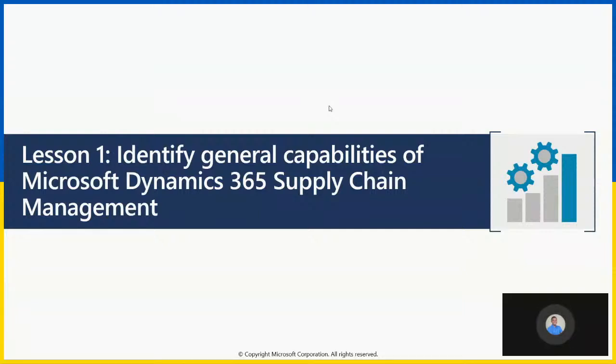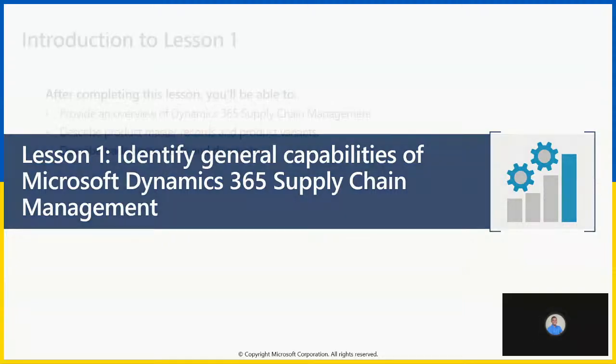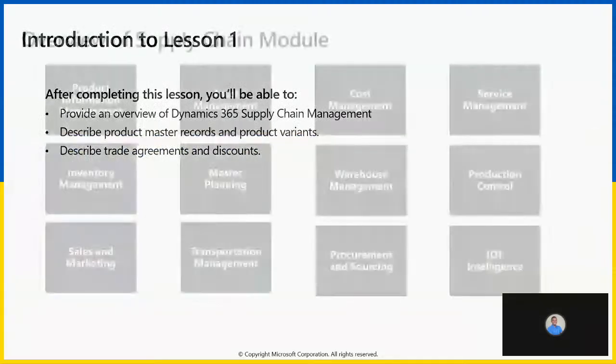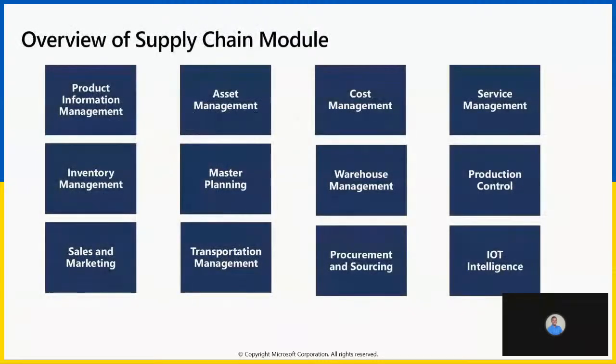So what are the features that we have? We have these modules in supply chain management. We have modules like the product information management module, and we have the asset management module. In the product information management module, for instance, we are able to see how we can create our items. This is actually the backbone of supply chain management, because without products, there is nothing like supply chain management.